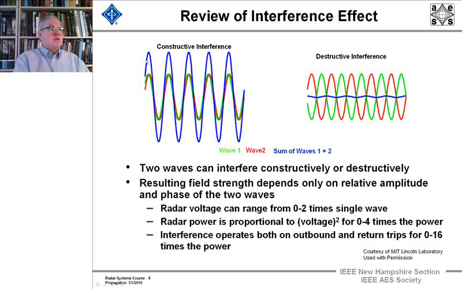You can see in blue, the addition is twice the amplitude, so the voltage can range from 0 to 2 times the single wave, and the power is proportional to the voltage squared, or 4 times the power. But the interference operates on both inbound and outbound trips, so you can have a factor of 16 times the power. An interference effect can make a big difference in the output that's received at the radar.